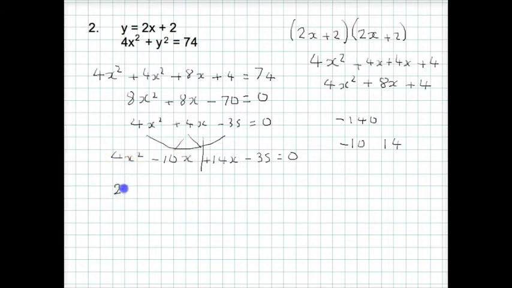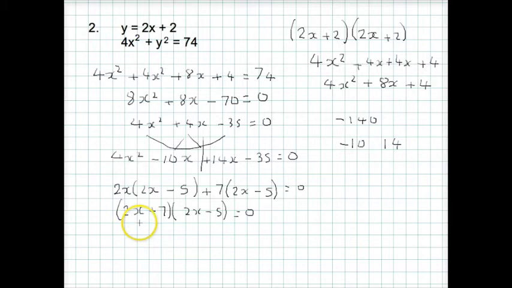So we write 2x outside the brackets. 2x times 2x gives us 4x squared, and 2x minus 5 gives us minus 10x. 7 occurs in both, and then 7 times 2x, 7 times 5 is minus 35. Check that you've got the same terms inside the brackets. And then whatever occurs outside goes in one set, so 2x plus 7, and in the other set, 2x minus 5.